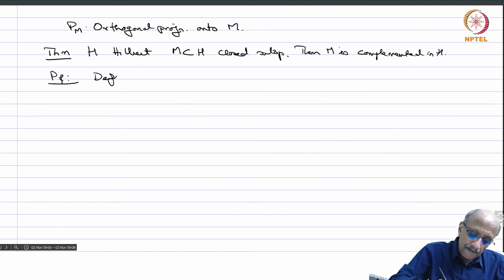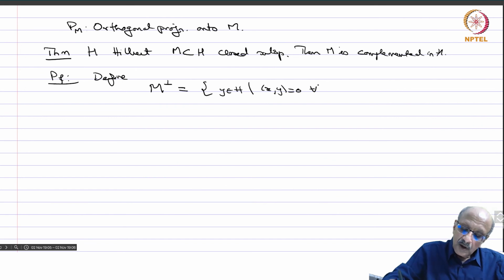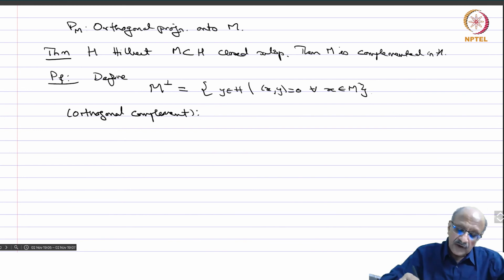Define M_perp to be the set of all y in H such that ⟨x, y⟩ is 0 for all x in M. Okay, so this is called orthogonal complement. So this is clearly a subspace, because it is linear in y, and therefore M_perp is a subspace.